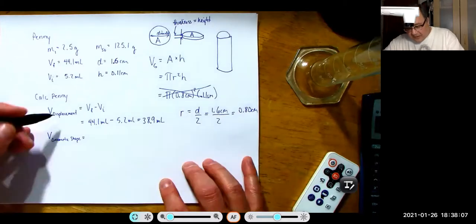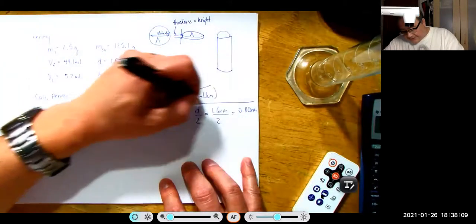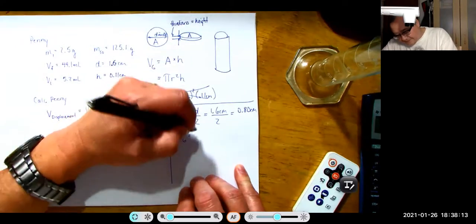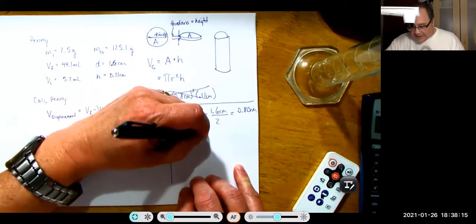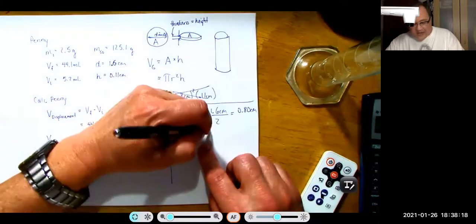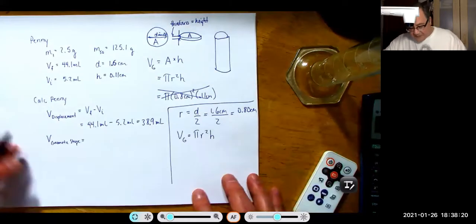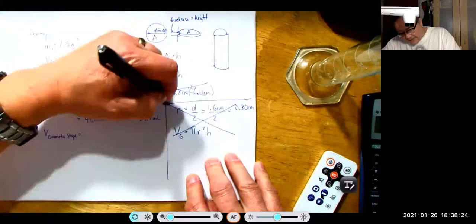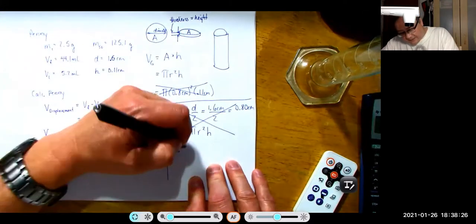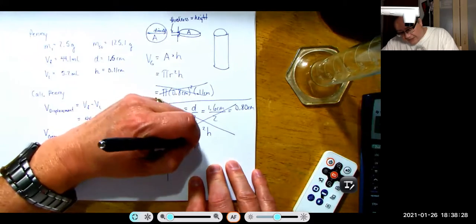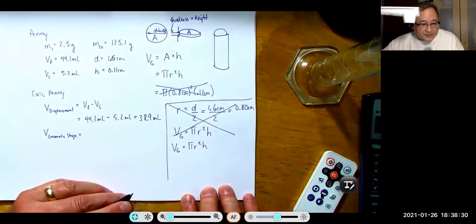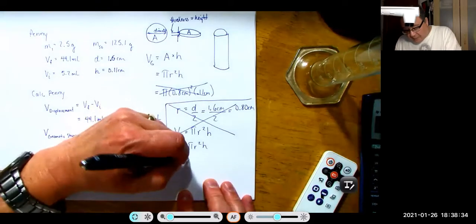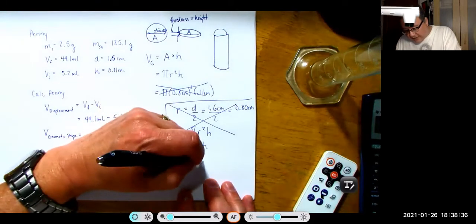So in general, I don't like doing this and then doing this and plugging that number in here. I'd just rather not do that. So here's what I do. The volume definitely is pi r squared h. And this is on a piece of scrap paper. So that's pi parentheses r squared h.